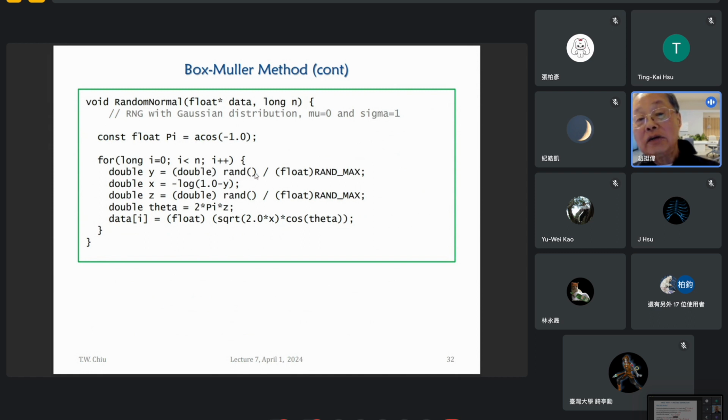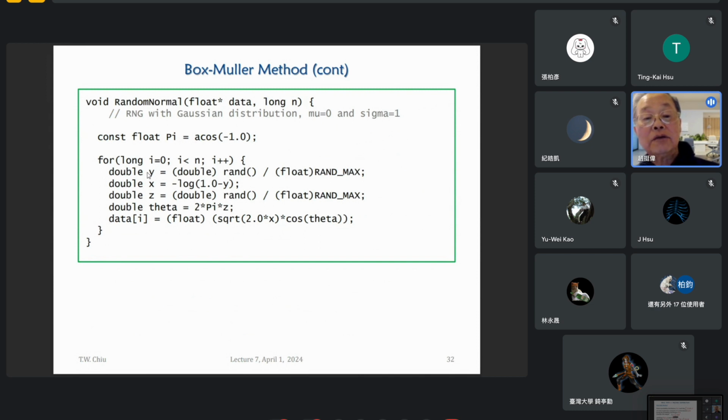You can call any random number generator you like, but I just use as an example rand, the intrinsic subroutine of the library. This gives an integer, which is then divided by 2 to the power 31 minus 1. Then I convert it into a floating point number between 0 and 1. So I get y, which is uniformly distributed between 0 and 1.